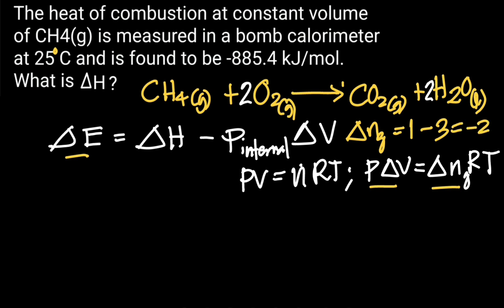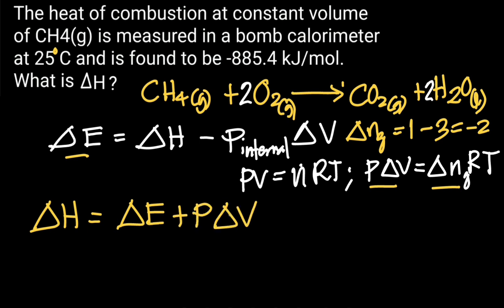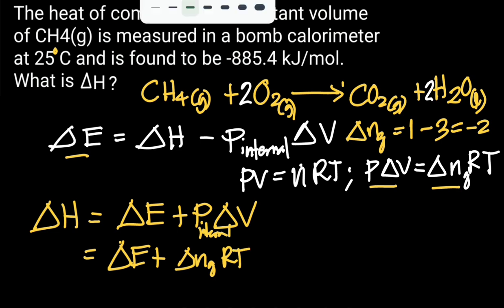And now we can plug in all the given values. To solve for the change in heat, delta H is just equal to delta E plus P delta V, or delta E plus delta n RT.